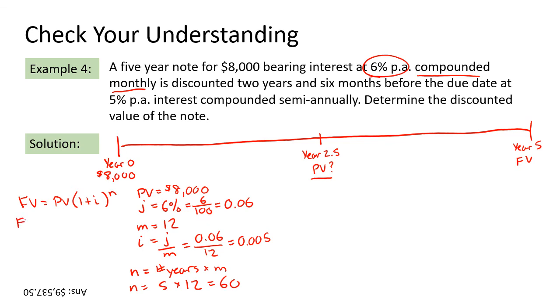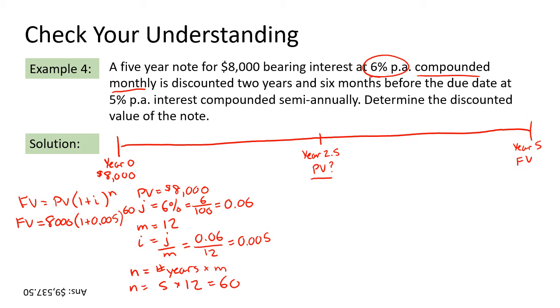So our future value, now that we have all the information, we can calculate it, is equal to our present value, $8,000 times 1 plus 0.005, our periodic interest rate. And that's all to the exponent 60, our total number of compounding periods.